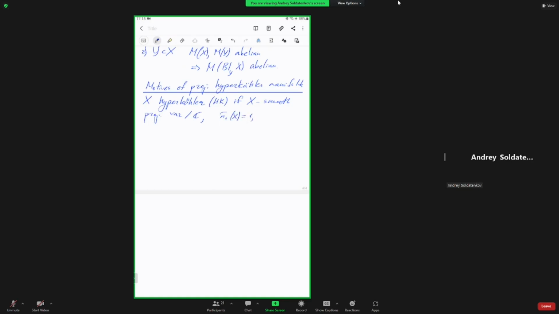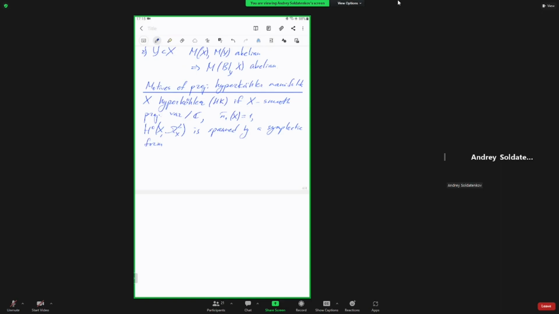And the space of holomorphic two forms on X is spanned by a symplectic form. So this is essentially just an algebraic symplectic manifold, which has a unique symplectic form up to rescaling by a complex number.